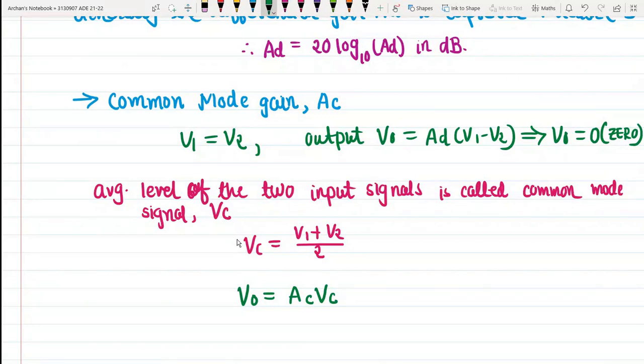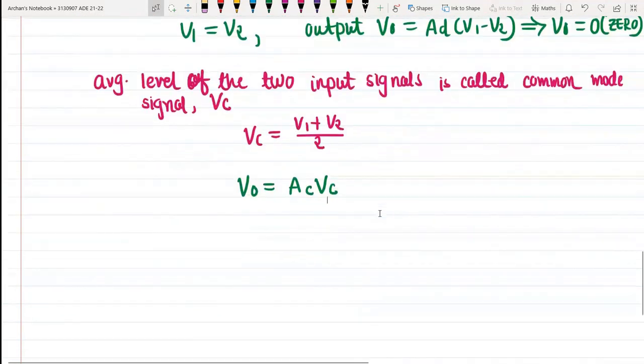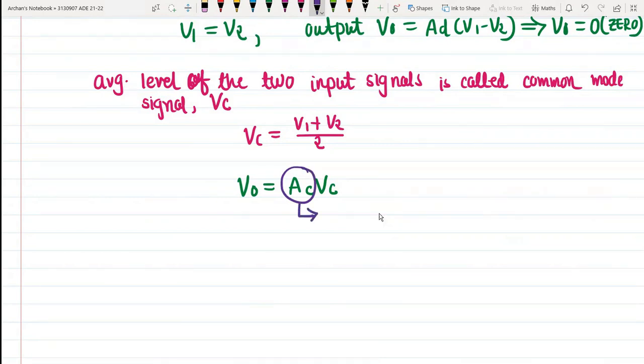Okay, so the gain with which it amplifies the common mode signal to produce the output is called the common mode gain of the differential amplifier and denoted as AC. So now here we have introduced a new gain, which is known as common mode gain, denoted by A suffix C.